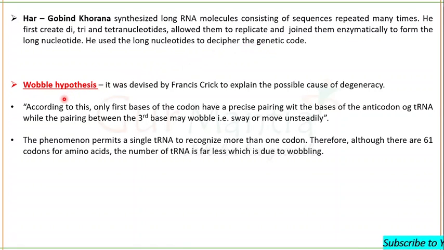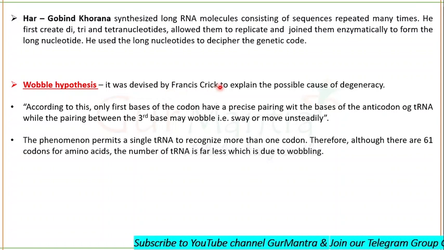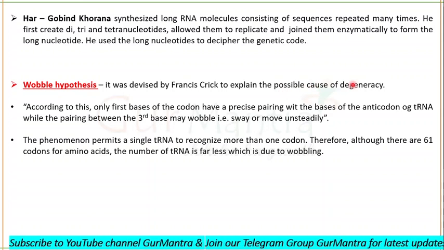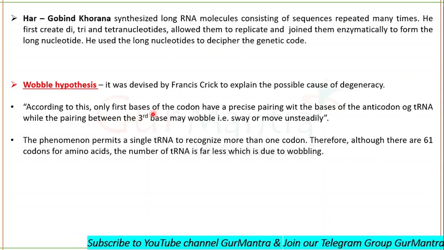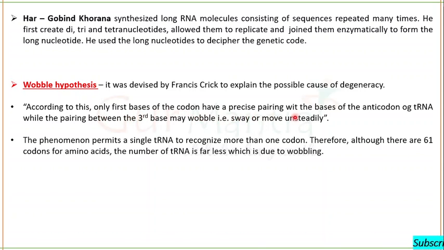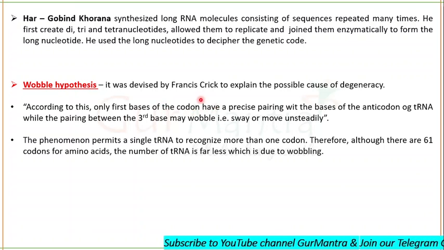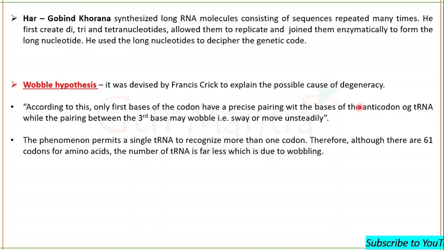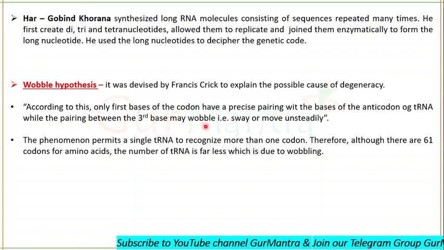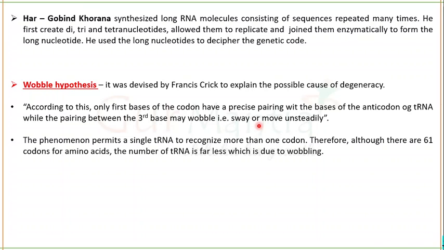Okay, so now what about this Wobble hypothesis? It was devised by Francis Crick to explain the possible cause of degeneracy. I will give you an example to understand it. What exactly does it say? It says only the first bases of the mRNA codon have a precise pairing with the bases of the anticodon of tRNA, while the pairing of the third base may wobble, that is, sway or move unsteadily.